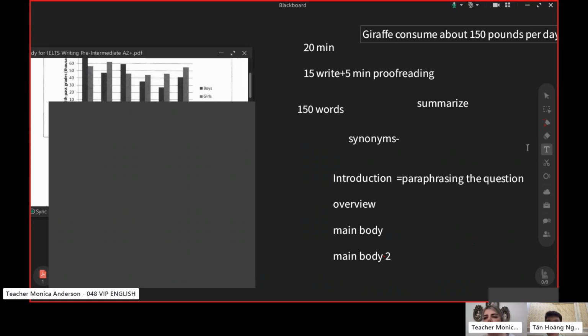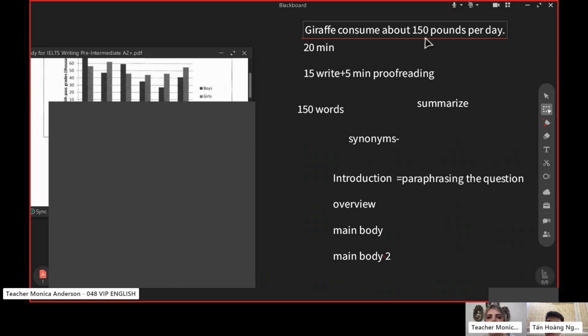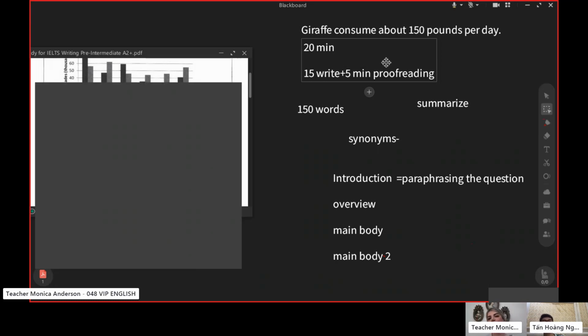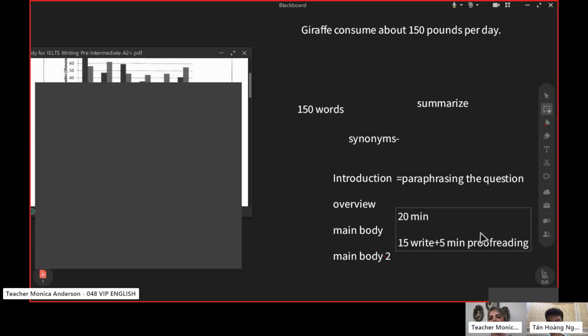Okay, this is a normal sentence. Let me put this here so that you can see. This is a sentence. Now we are going to paraphrase it. Something that is really important to know.